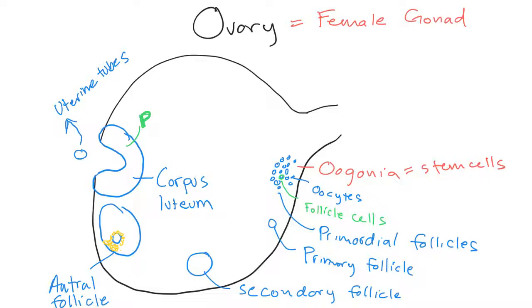If pregnancy doesn't occur, or after pregnancy, this corpus luteum just regresses into a scar, a placental scar, called a corpus albicans. In some species, those corpora albicantia, that's plural, stay in the ovary.